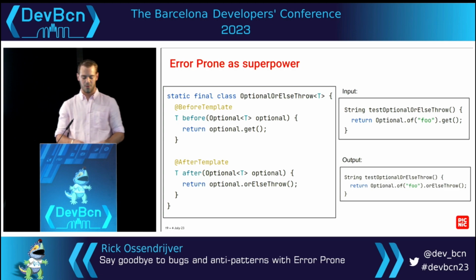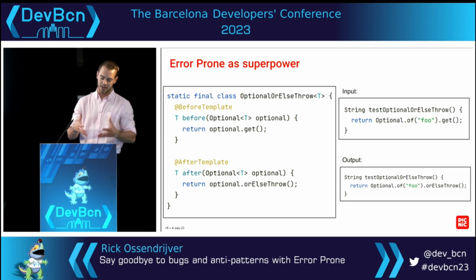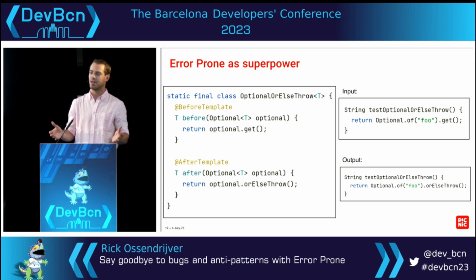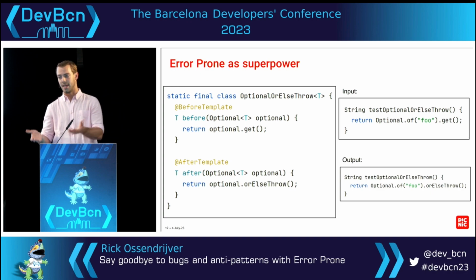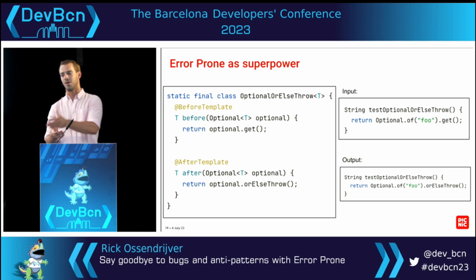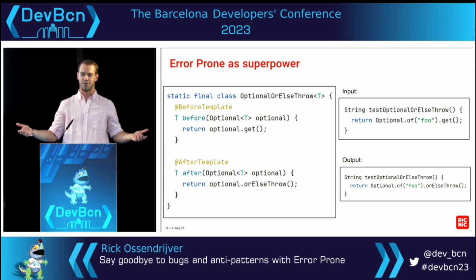Another thing with which error-prone can help is migrating usages of APIs. So, for example, when the optional got introduced, it had the get. And everyone started using that, but at some point there was the or else throw, which is actually the preferred way of using the optional.